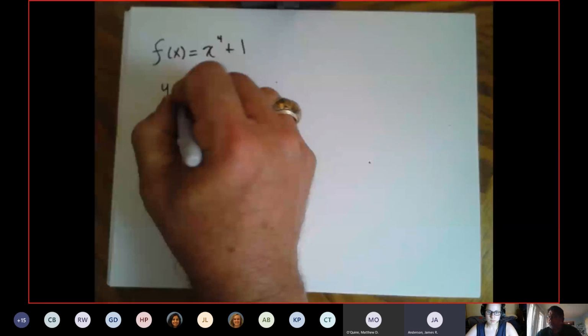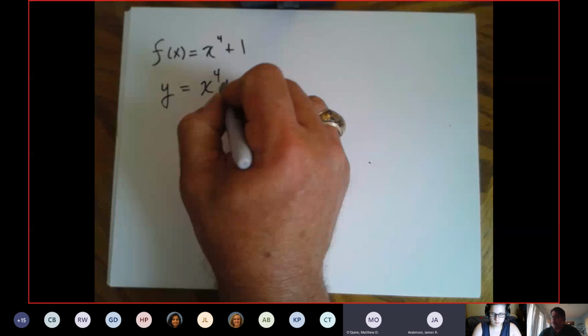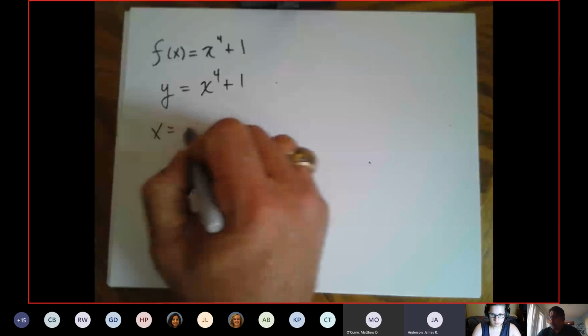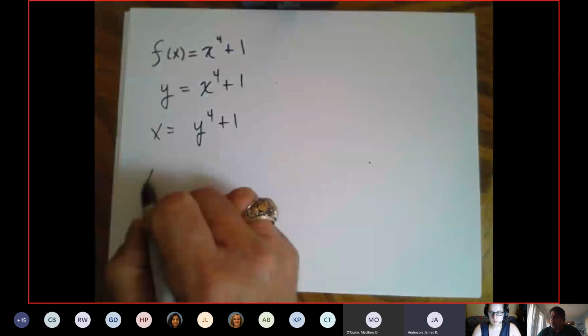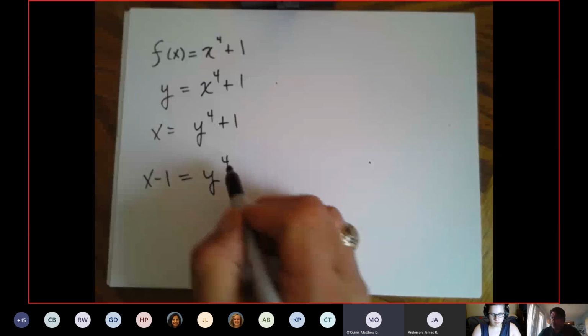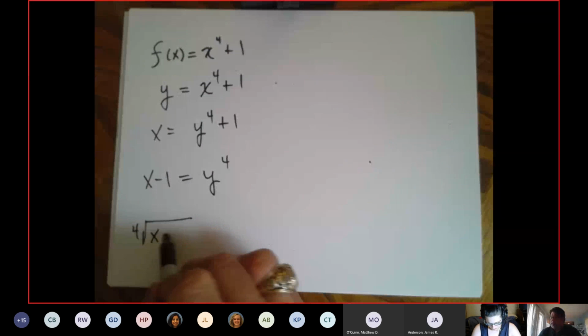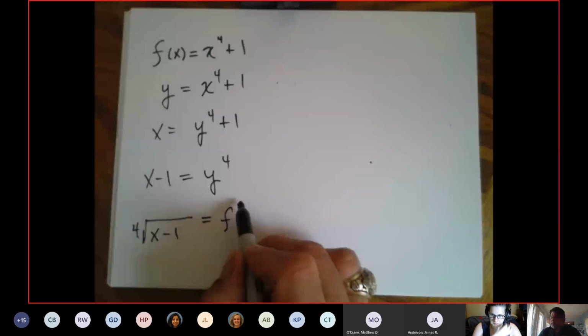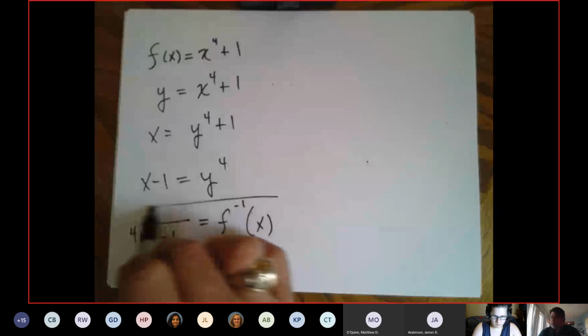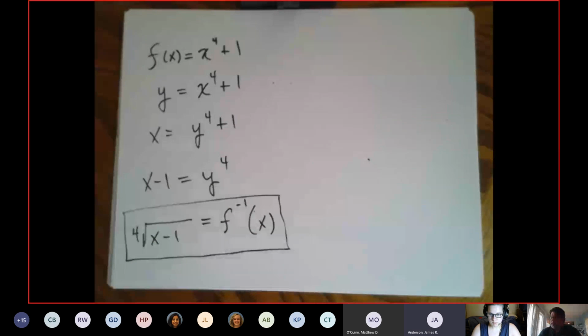So, drop the pinky. You get y is equal to x to the 4th plus 1. Switch. x minus 1 is equal to y to the 4th. The 4th root of x minus 1 is equal to f of -1 of x. And you should be able to graph both of them. Yeah, you can do the inverse on both of these. So that would be x to the 4th plus 1.